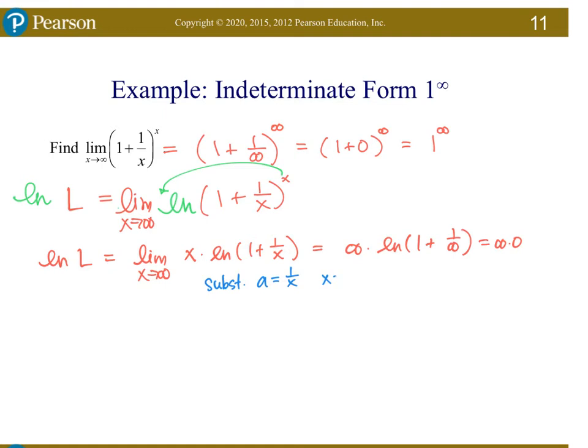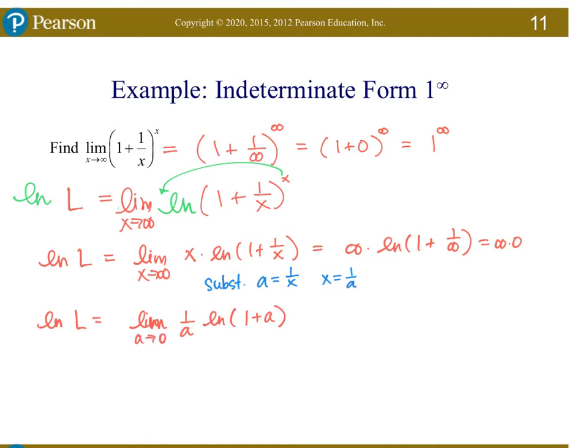And then x would be equal to 1 over a. So I'll have the natural log of the limit is equal to the limit. x would be 1 over a. The natural log would be 1 plus a. And now I'm going to have a approaching 0.